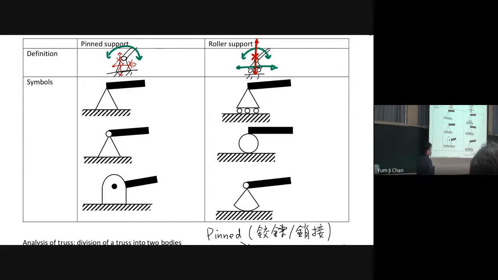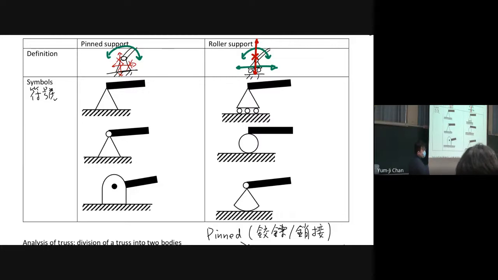For these 2 types of supports, different books will use different symbols.